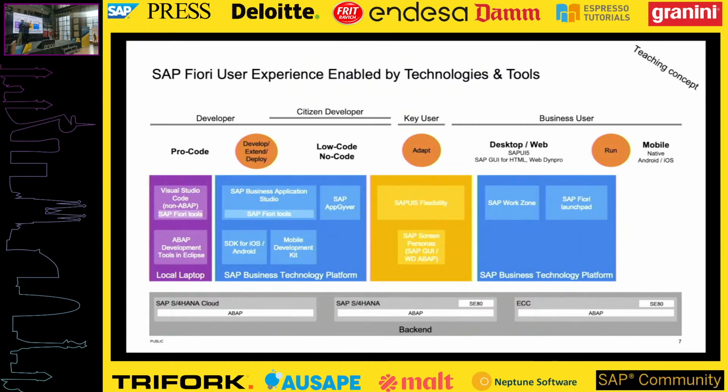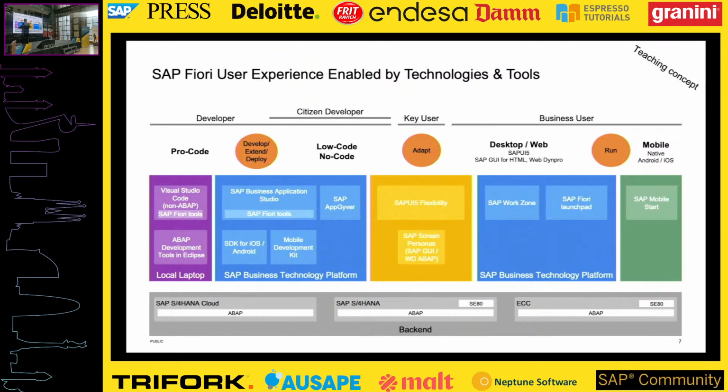Now, how to adapt applications depends a bit on the technology. If we have classical applications, WebDynpro, Floorplan Manager applications, we have SAP Personas to adapt this. So I made this box here fitting to the user role. So a key user would use SAP Screen Personas to adapt these classical applications, and we have SAP UI5 flexibility being used by developers, key users, and business users, right, to adapt UI5 apps, and we're going to see that.